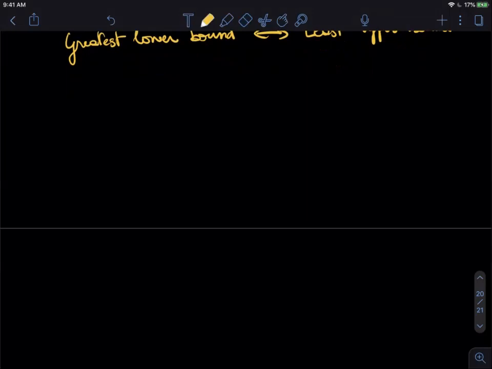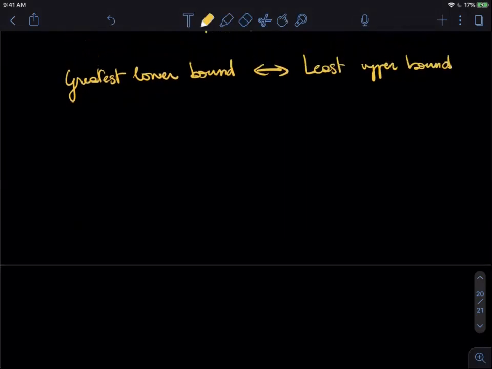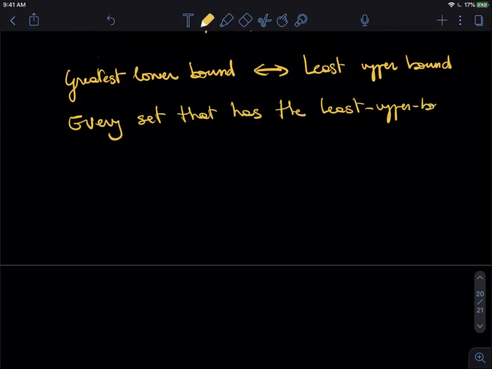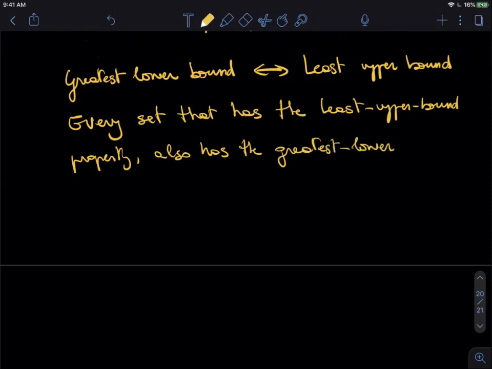So every set that has the least upper bound property also has the greatest lower bound property.